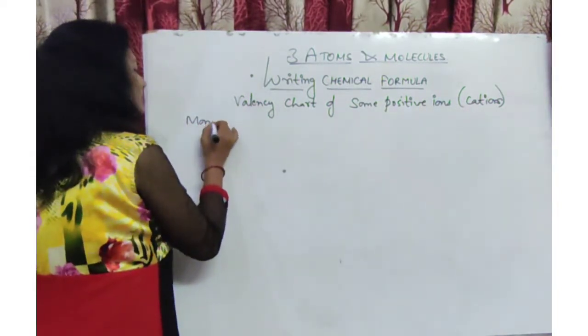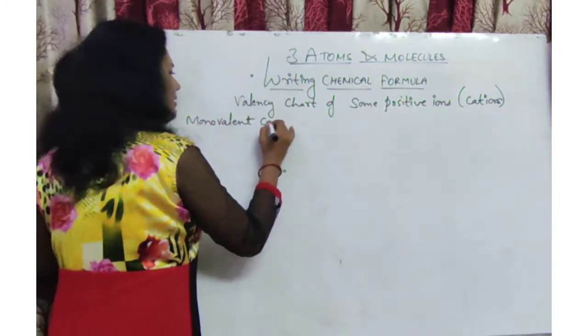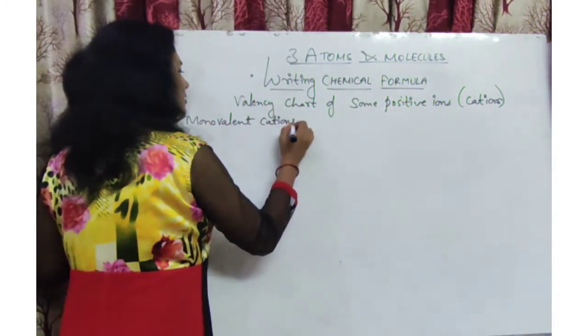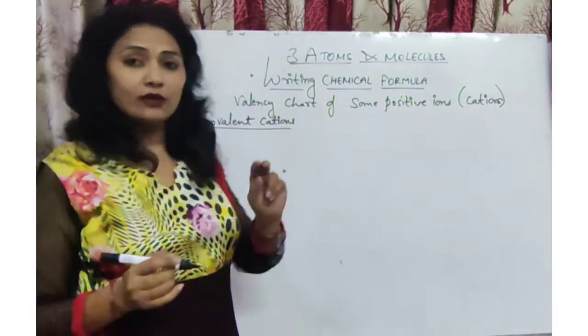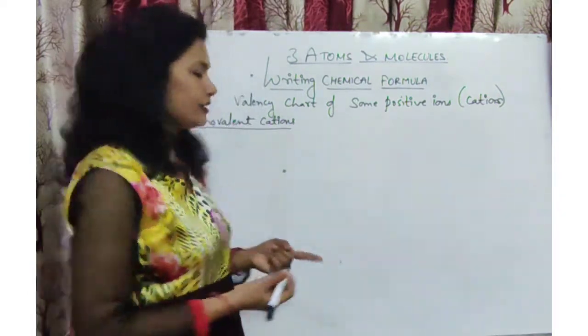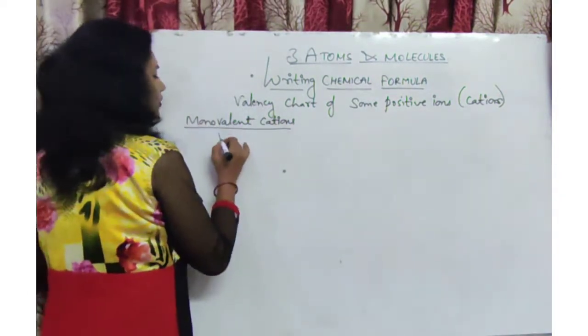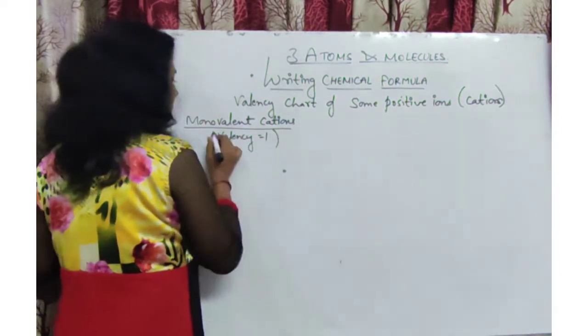Now monovalent cations, it means those elements whose valency is 1, that are known as monovalent. So valency is equal to 1.